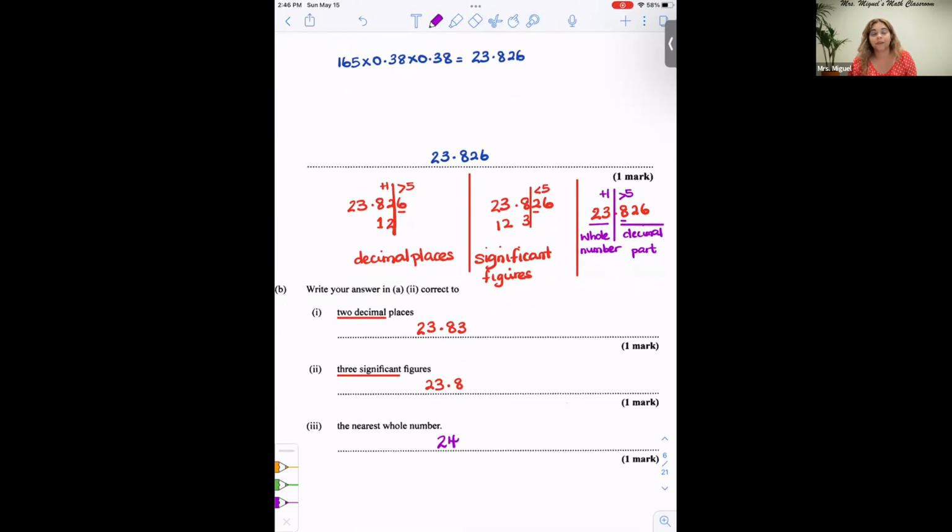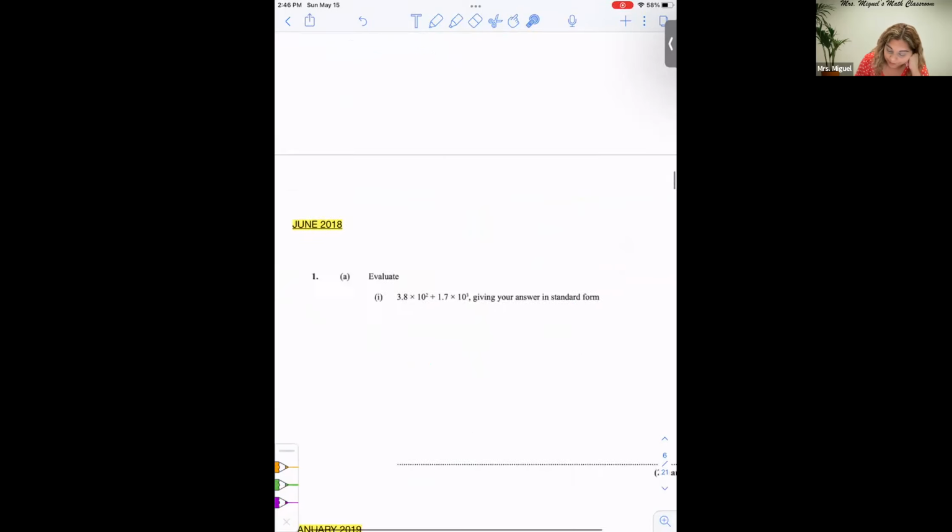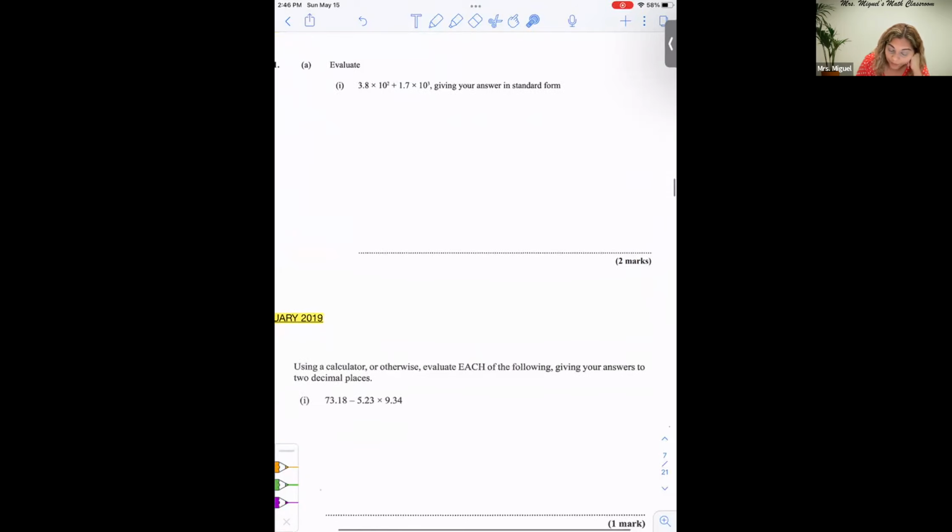Let's continue with the decimal part of the CSEC syllabus. Remember to place your answers on the dotted line and to use pen. Standard form.